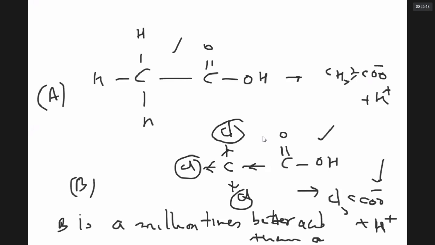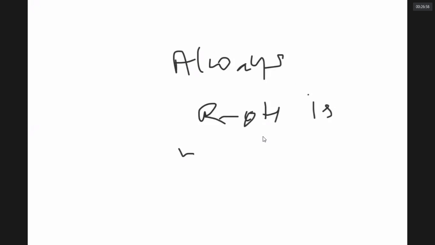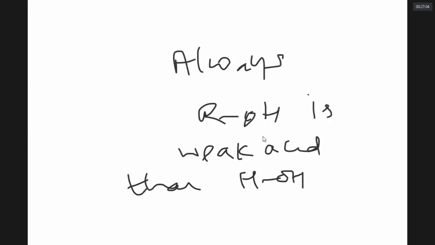So rule of thumb, always alcohol is a weaker acid than water. Why? In water, the conjugate base is not destabilized. In alcohol, the conjugate base is destabilized by the electron releasing inductive effect of the alkyl group.